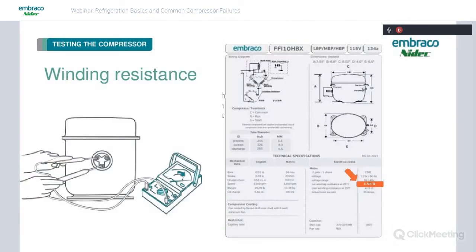So then we can read resistance through the compressor motor and compare it to the spec sheet down here on the right. As you can see, the run winding on this, I believe it says 1.55 ohms, and that's plus or minus 8% at 77 degrees. Just remember, if you've got a very hot compressor, you're going to have a higher resistance reading.